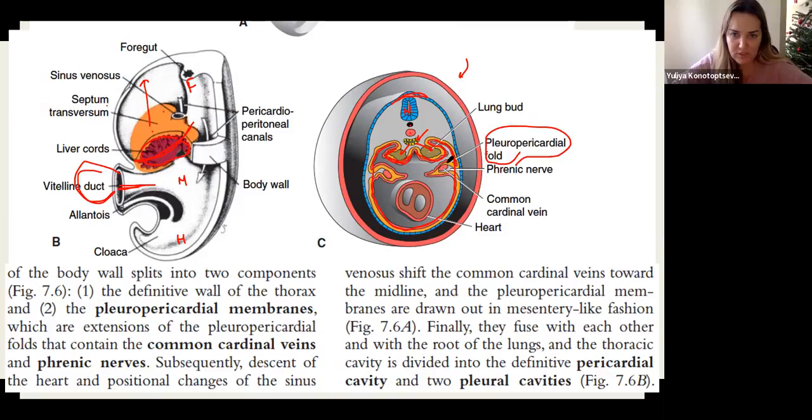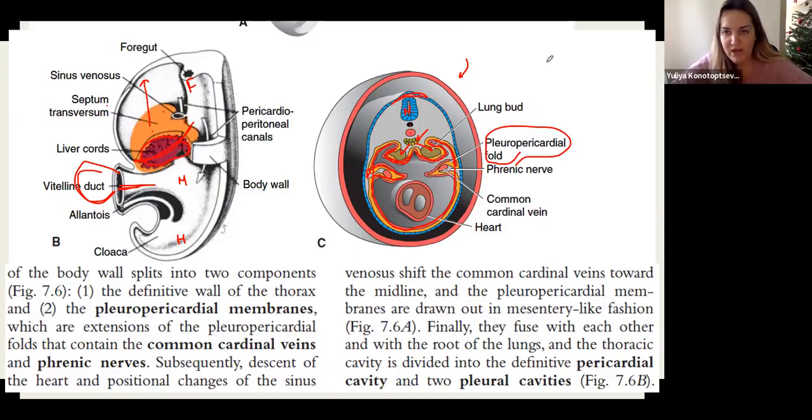Pleuropericardial fold is a thickening of the parietal mesoderm. It's some kind of proliferation of parietal mesoderm. The purpose of these folds is to create pleural and pericardial cavities.